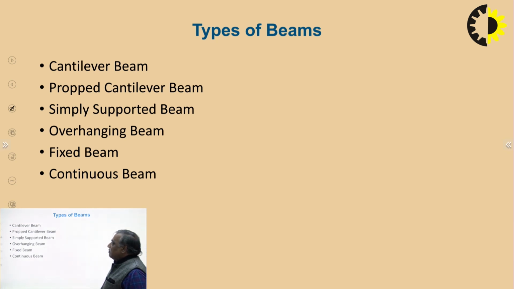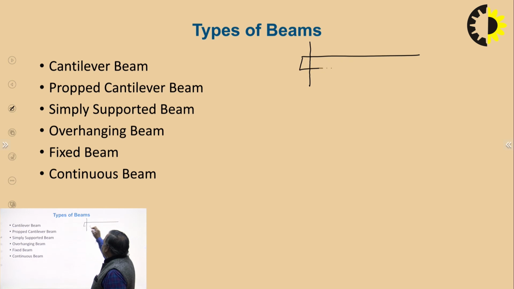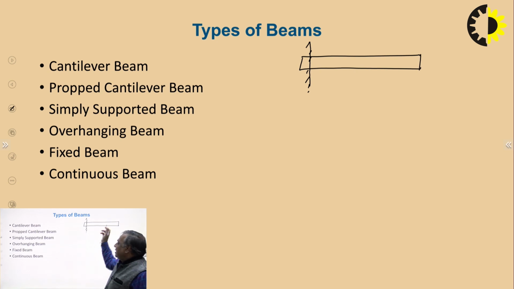First is the cantilever beam. What is a cantilever beam? It is free at one end and fixed at one end. This is a cantilever beam, subjected to the type of load you want to apply on it.